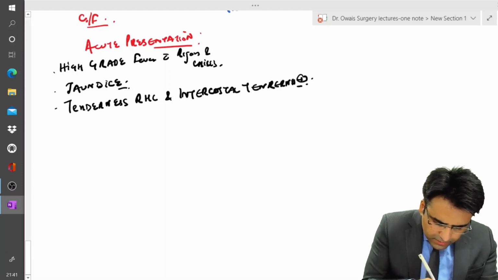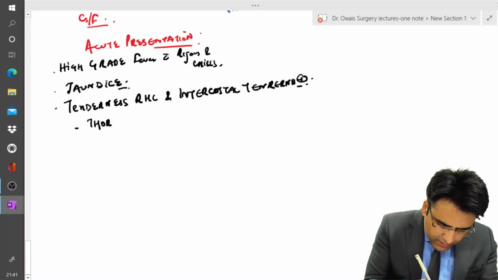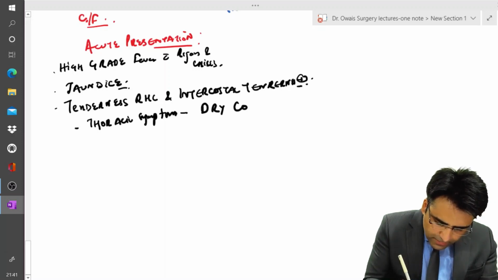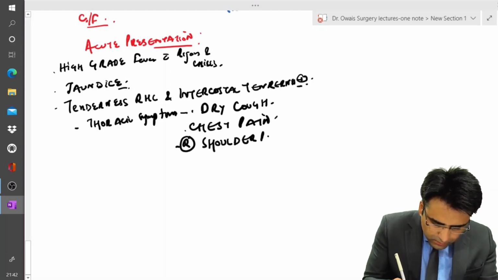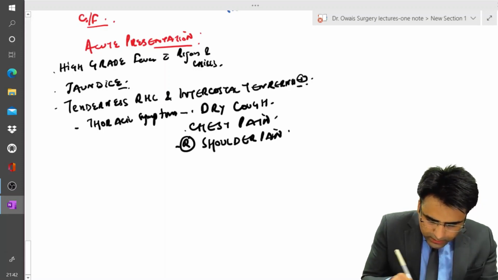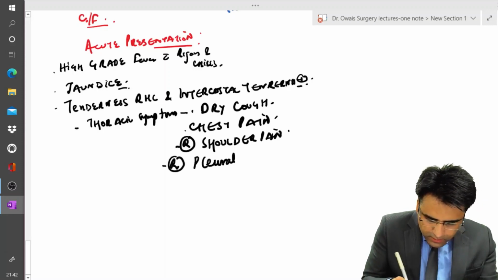Now sometimes the patient can present with thoracic symptoms in the form of dry cough, chest pain, sometimes right shoulder pain, and in some cases a right side pleural effusion.